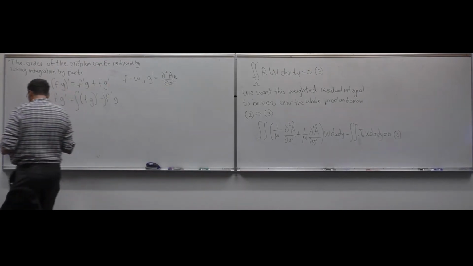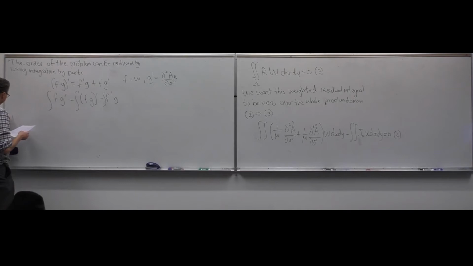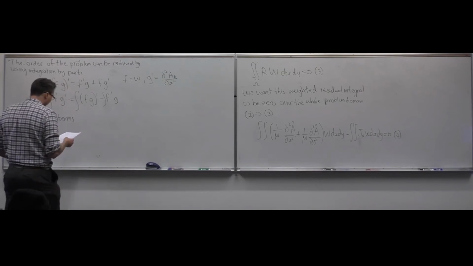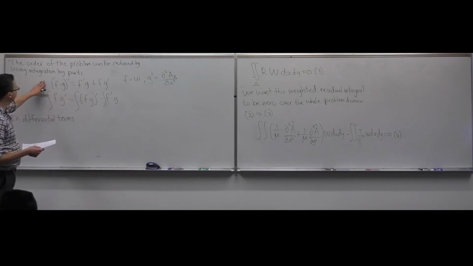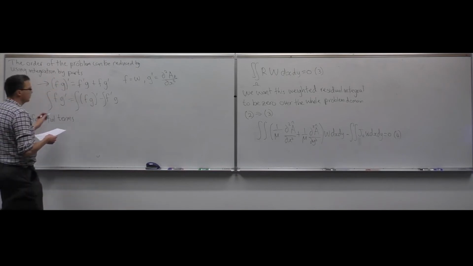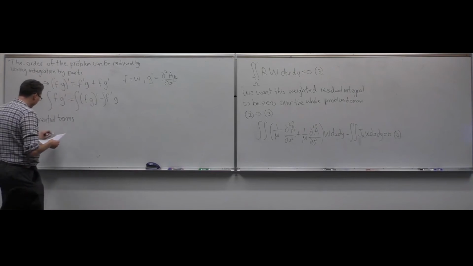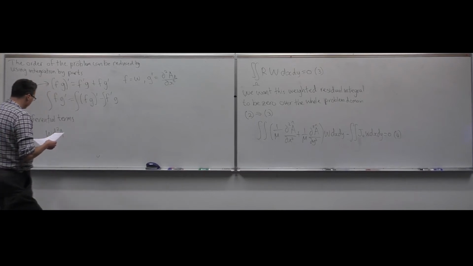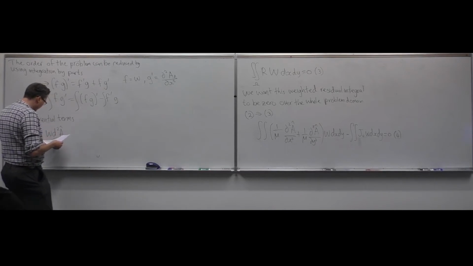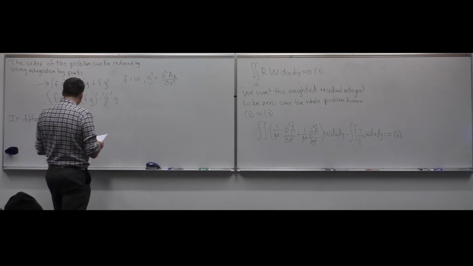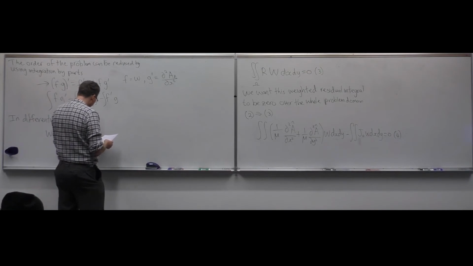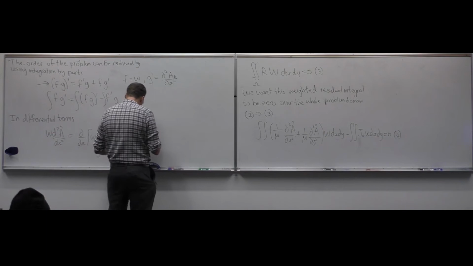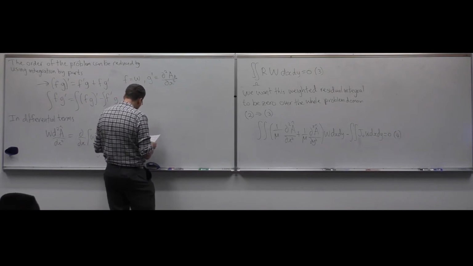So in differential terms, we can write out this derivative with regard to our problem as W times del squared a over del x squared is equal to del over del x of W del a hat del x, minus del W del x del a hat del x.